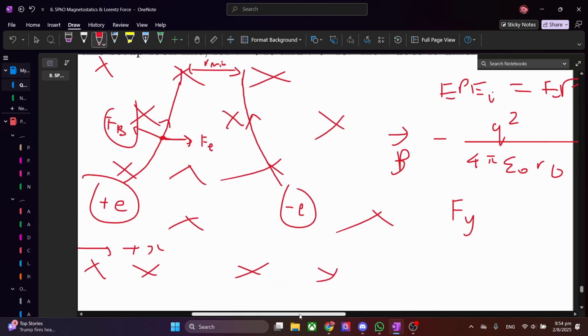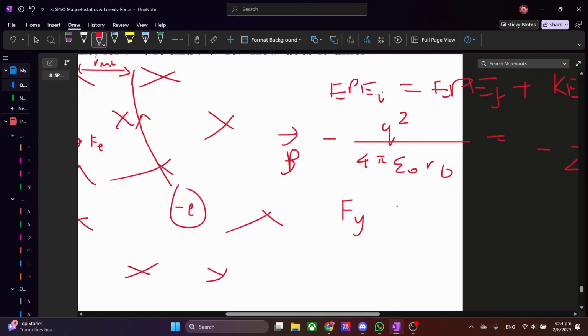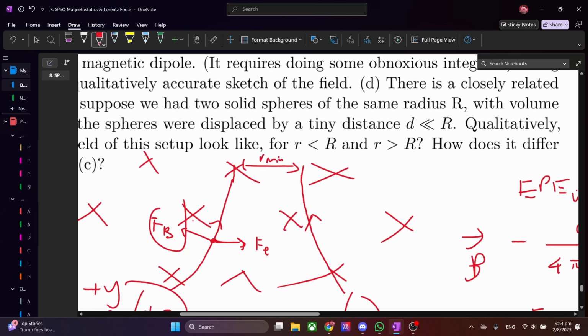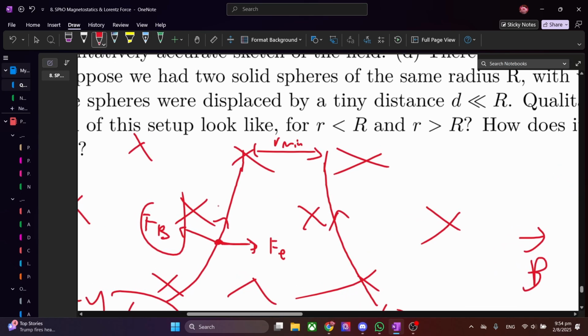So the force in the y direction is going to be your magnetic force multiplied by the cosine of this angle over here, because the cosine gives this, so this is going to be your Fy.